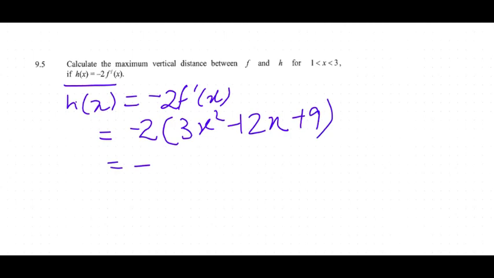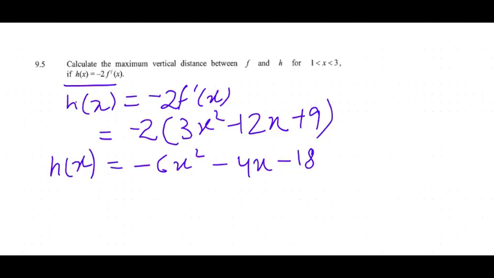The first derivative is 3x squared minus 12x plus 9. So we have minus 6x squared, and then sorry, this is 12.